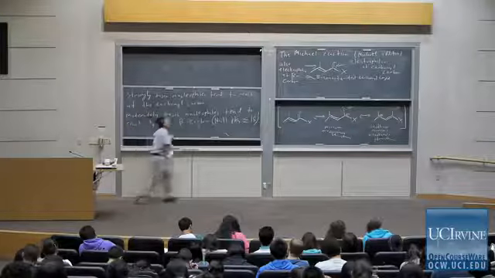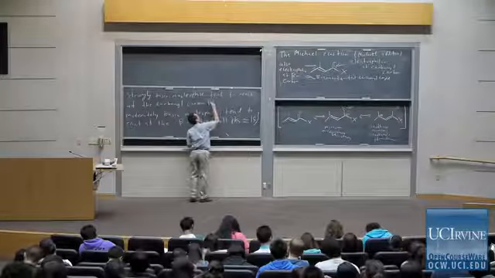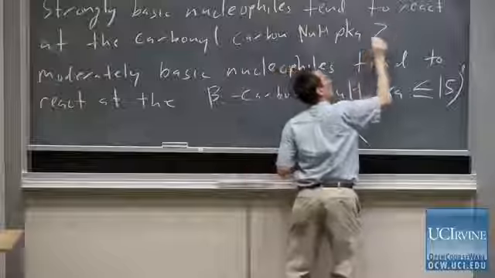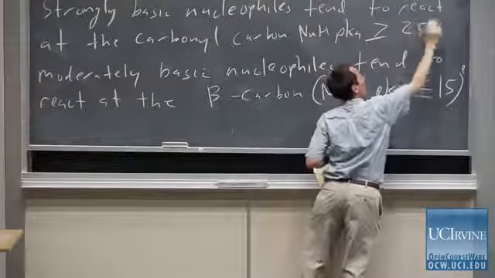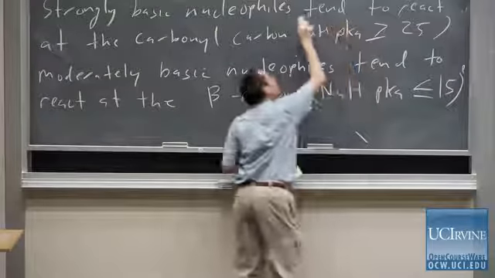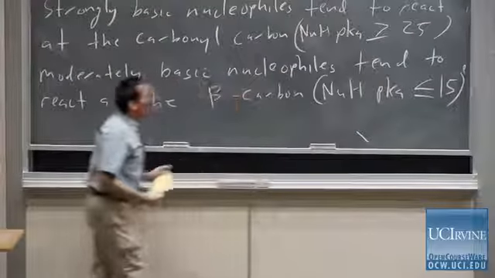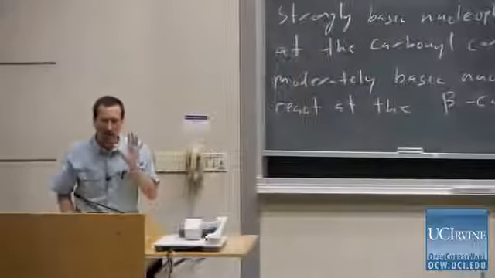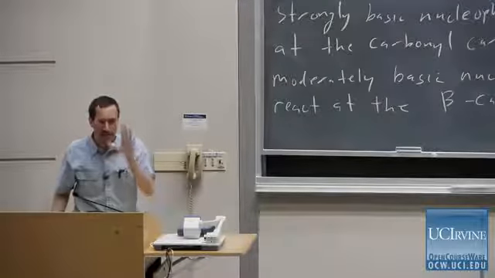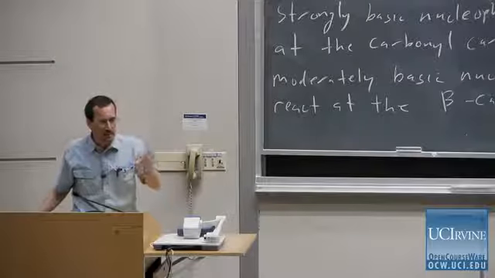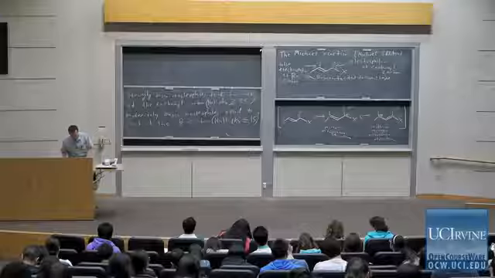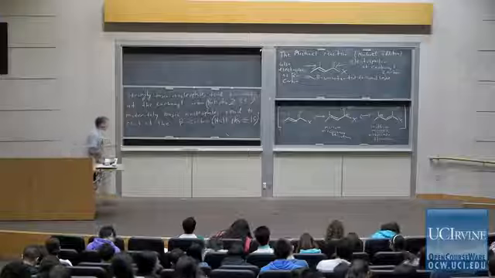Let's say the conjugate acid tends to have a pKa of greater than or equal to 25. And I'll deliberately leave that region in the middle, from about 15 to 25, a little bit vague. That region includes the enolates of ketones and aldehydes, and to some extent they can react in two different ways.